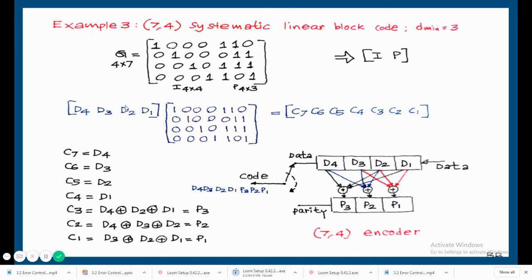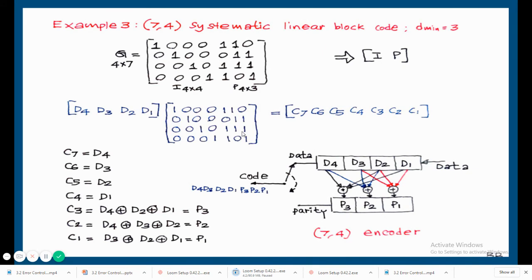For the next column multiplication, D4 into 1 plus D3 into 0 plus D2 into 1 plus D1 into 1. So the answer is D4 plus D2 plus D1. That is the C3 bit. Similarly, the next column will give C2, and the last column will generate C1. That is exactly the same as the P3 bit, P2 bit and P1 bit, the 3 parity bits.